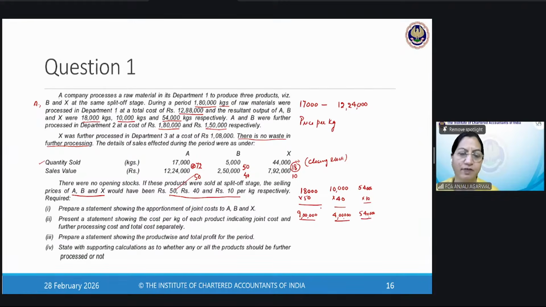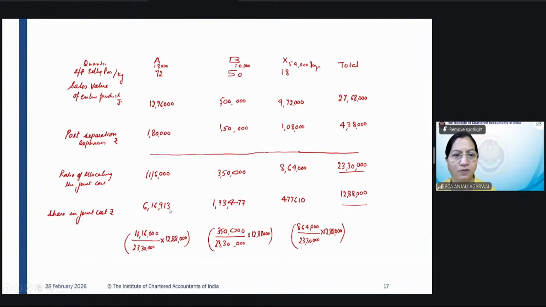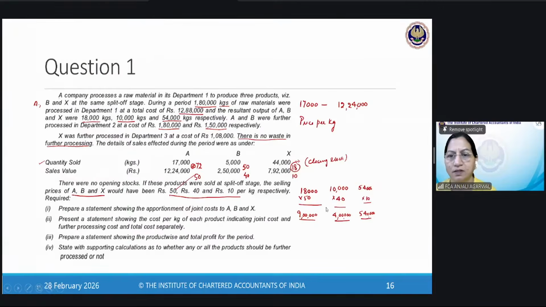But as we have sales value after further processing and there is no loss in process also, it is an indicative that the difference will not be there if you use market value at split off point or you use this method. 9 lakh, 4 lakh, and 540. Here also you have 9 lakh, 4 lakh, and 540. This one is slightly more. And product X is really getting a higher share of allocation when you are using this price because the contribution for product X would be the highest.